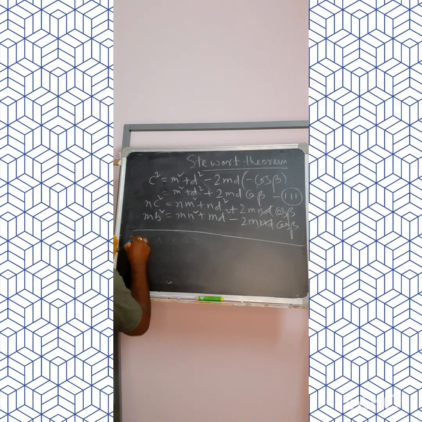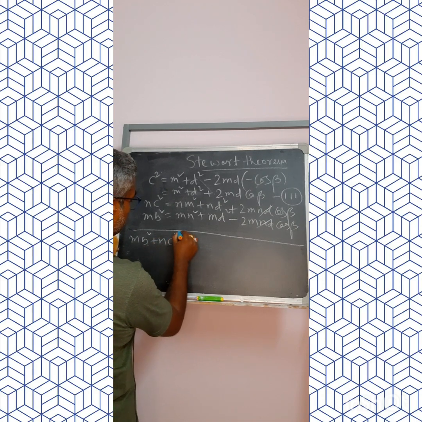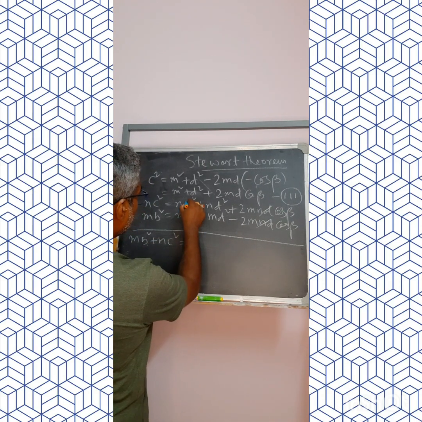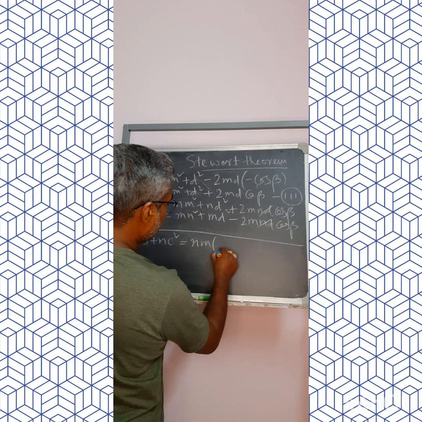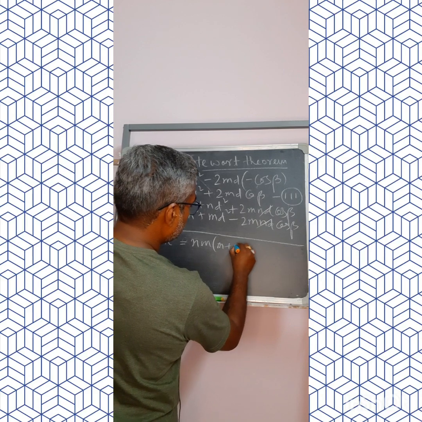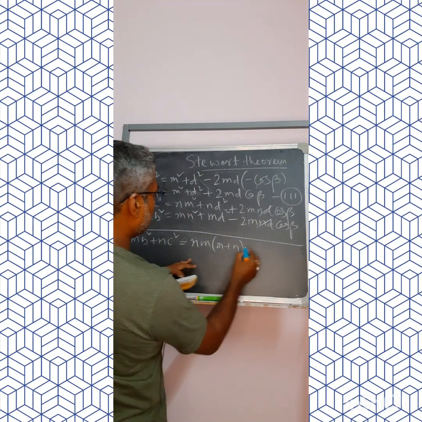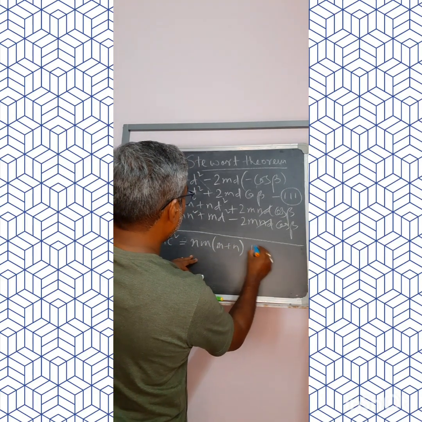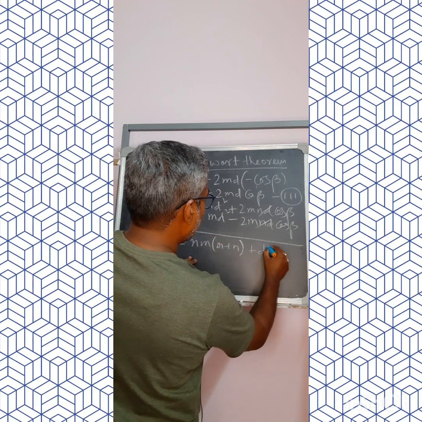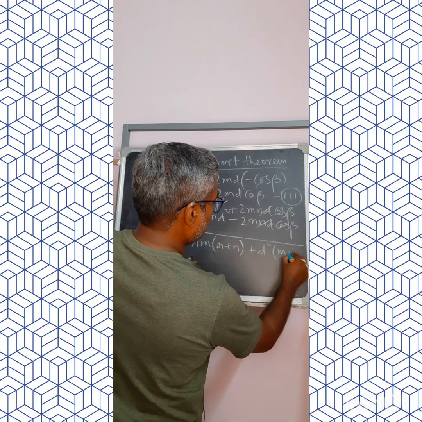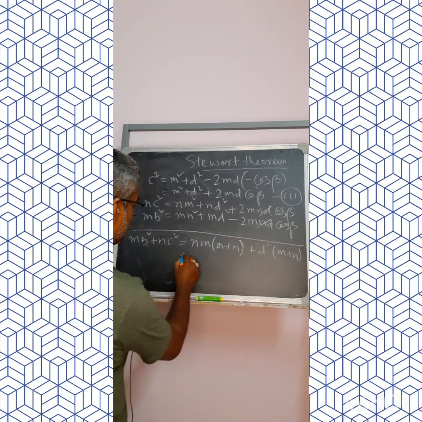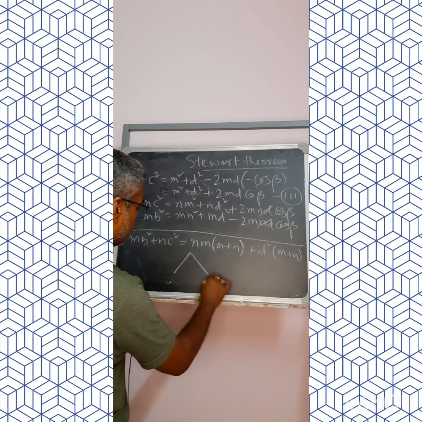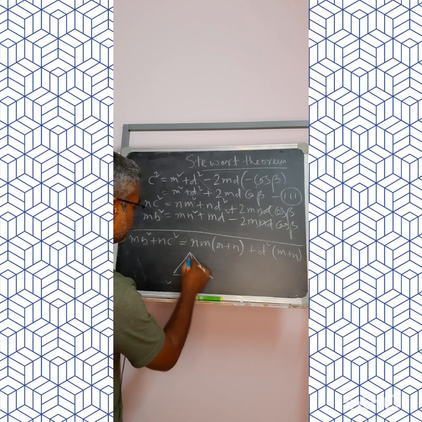Now I will sum up: m b square plus n c square will be, in these two, if I take nm common, it will land up with m plus n in the bracket and nm outside. And if I take d square common from here, it will also give m plus n inside the bracket. So now see, I have to draw the triangle again to make you understand.